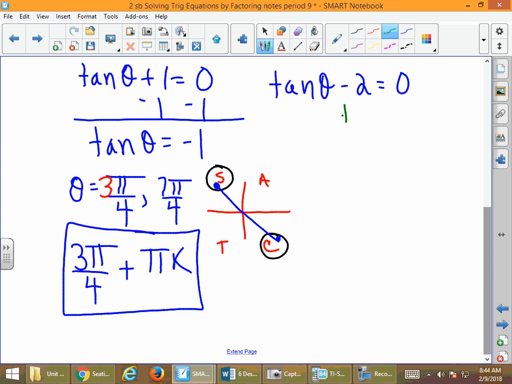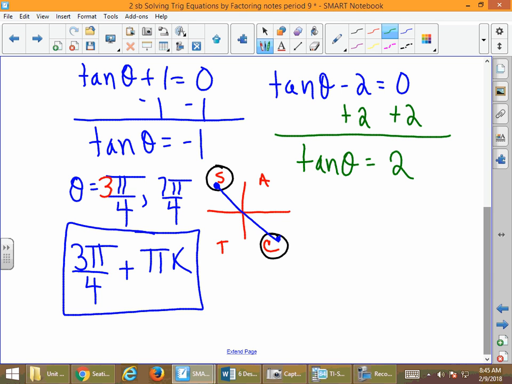We're going to add 2 to both sides. And we have tangent of theta equals 2. And the question now becomes, where does an angle have a value of 2 for tangent on the unit circle? And if you're really thinking of the first quadrant, tangent of 0 is 0.